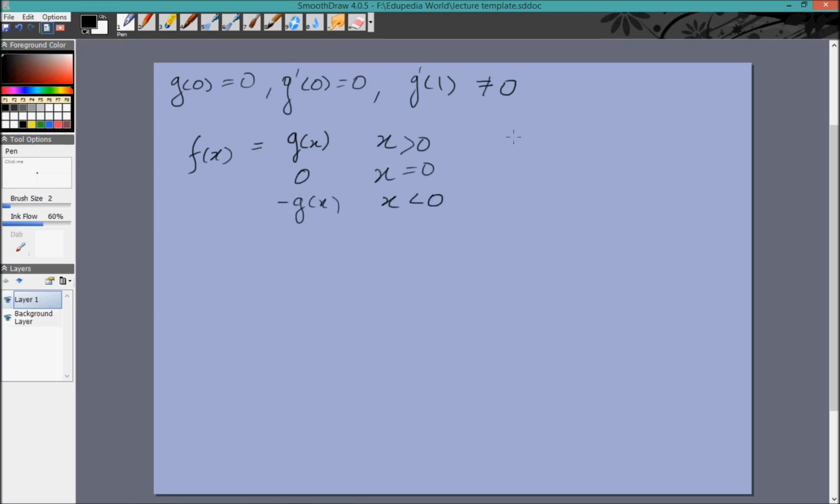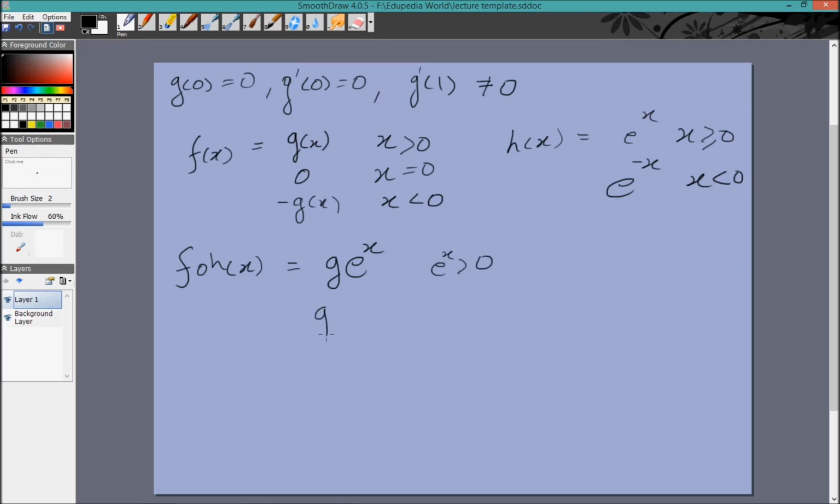h(x) meanwhile is e to the power mod x, that will be e to the power x if x is greater than or equal to 0, and e to the power minus x if x is less than 0. So now we need f of h and h of f also. So f of h of x will be nothing but g of e to the power x when x is greater than 0.